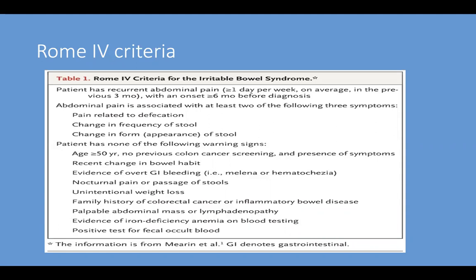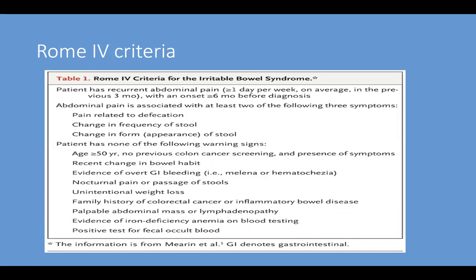Abdominal pain is associated with at least 2 of the following 3 symptoms. First, pain related to defecation: if the patient has abdominal pain that is relieved after a bowel movement, we will consider IBS. Second, change in the frequency of stool, either diarrhea or constipation.